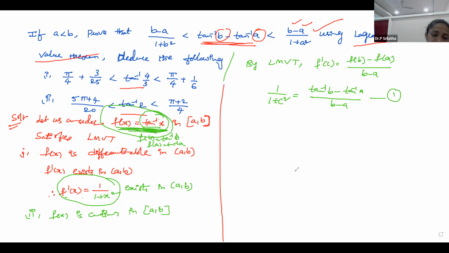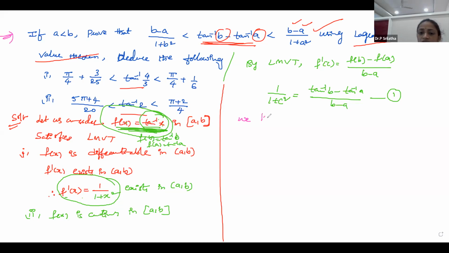From that we can find the c value, and check whether that c value exists in the given interval. How can you check whether it exists or not? We need to check whether c belongs to open interval a comma b or not. So this total problem depends on this one.